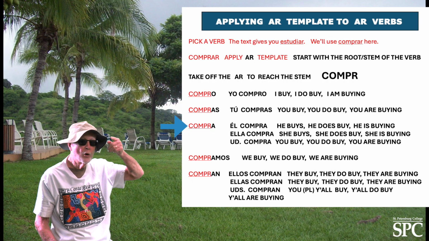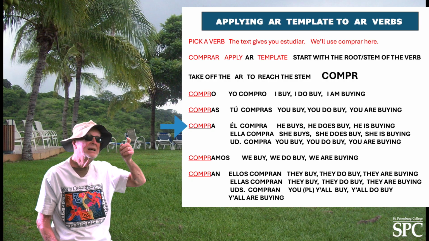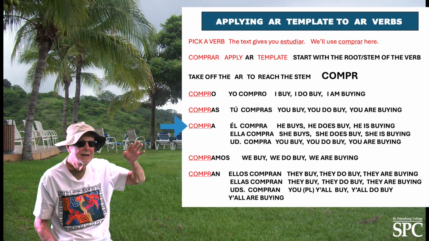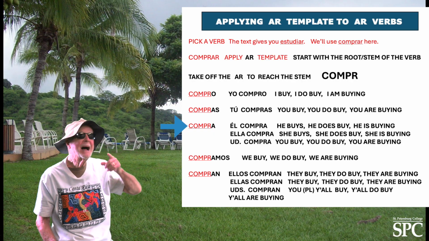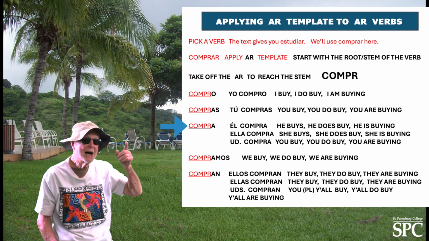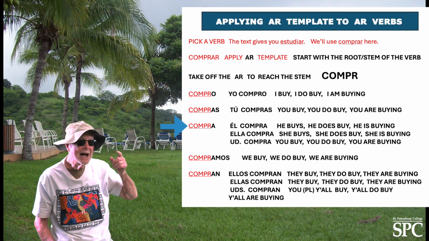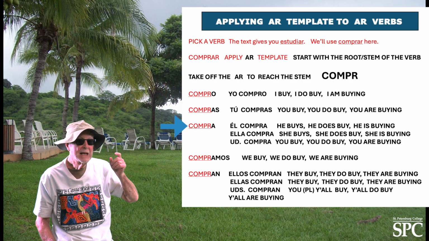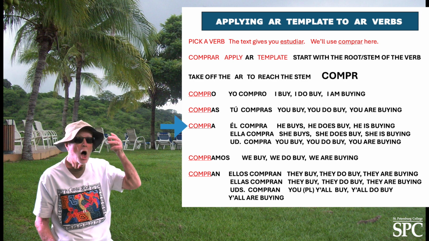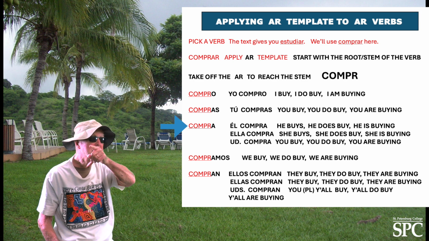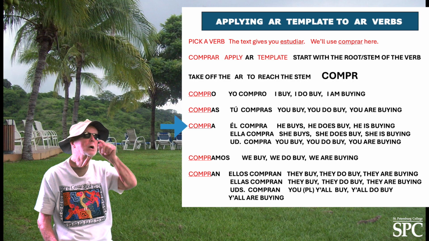So you see, él compra, ella compra, usted compra. So he buys, he does buy, he is buying. She buys, she does buy, she is buying. And you buy, you do buy, and you are buying. All nine of those in that one little word, compra.